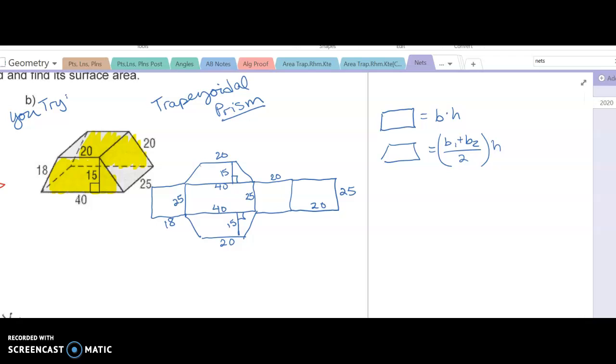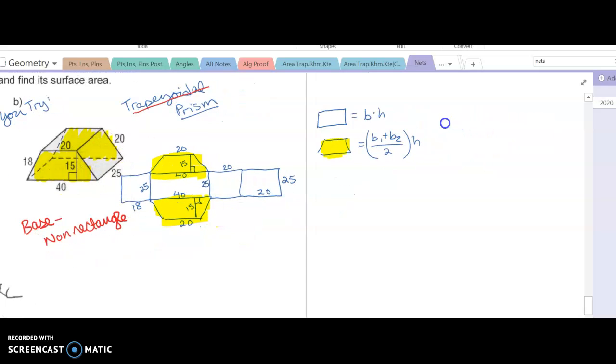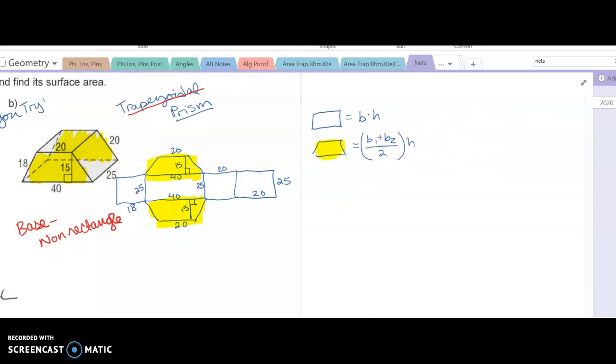The bases are the non-rectangles. That's how you know which sides are the bases. And then remember, we name a shape based off of its bases, so trapezoidal. So those are my 2 trapezoids on the front and bottom. Those are these guys here and here. So since I've already got those worked out, let's go find the area of those 2.